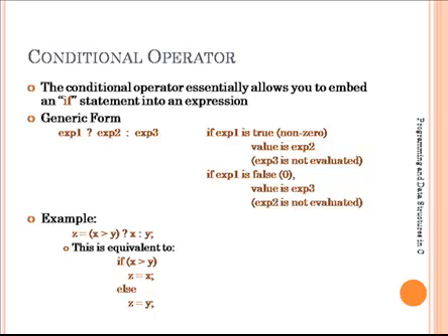Whenever this type of statement exists in your program, first it will check x greater than y, that is 30 greater than 15. Initially it will check expression 1. If expression 1 is true, it will jump to expression 2 and evaluate it.